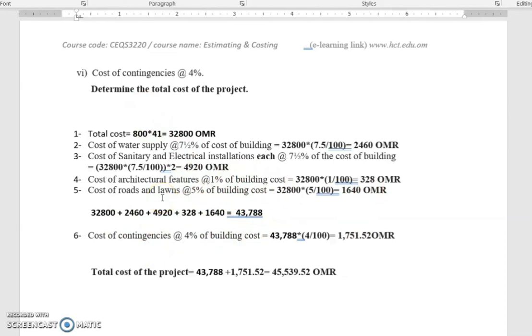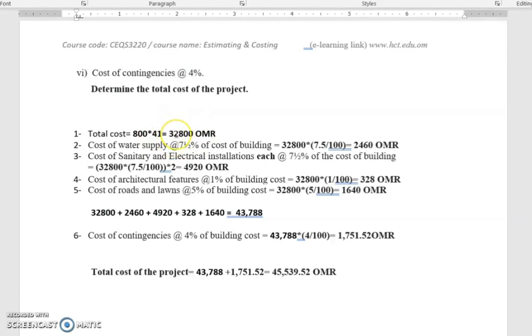Now, if you want to calculate the contingencies, contingencies are the percentage that is to be added to the total cost of the building. So it's not right to multiply 4% into this number. Why?